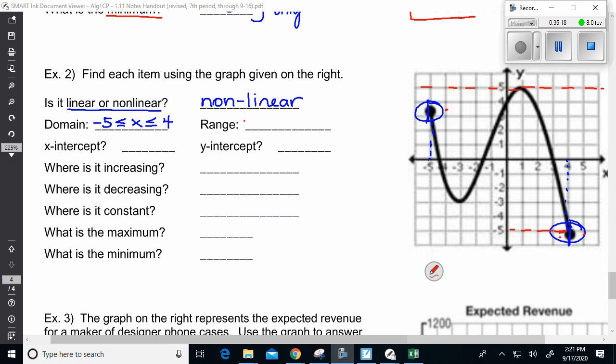You get negative 5 less than or equal to y, less than or equal to positive 5. So when you look at a graph, you got to look at everything. Any questions before we continue?